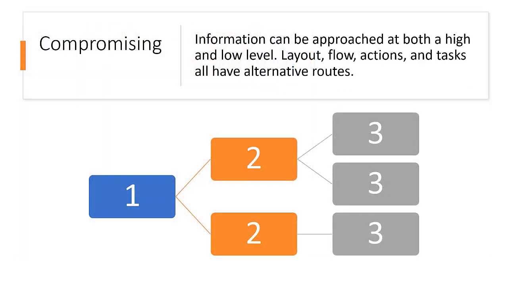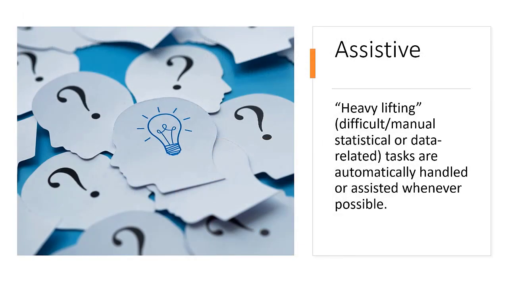For your chart to be compromising, you're going to want to include the table so that someone can delve down into the details if they want to. This stuff is where you've already done some of the tasks for the user. In other words, remember where I showed you in the big data and the small data where things were summarized? That's a good example of where the heavy lifting has already been done.